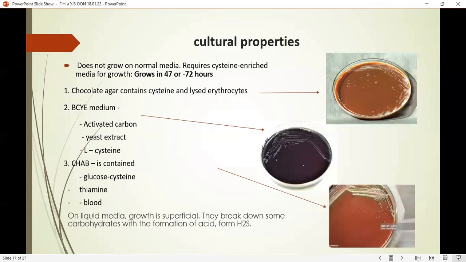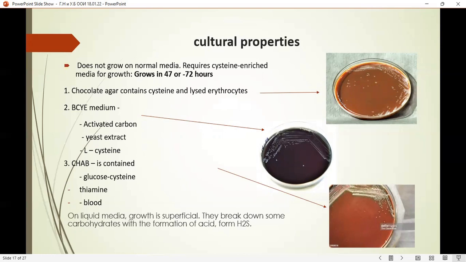Francisella tularensis doesn't grow on normal media, requires cysteine-enriched media for growth, and grows in 48 to 72 hours. Chocolate agar, named for its color, contains cysteine and lysed red blood cells. BCYE medium is a buffered charcoal yeast extract that contains activated carbon, yeast extract, and L-cysteine.